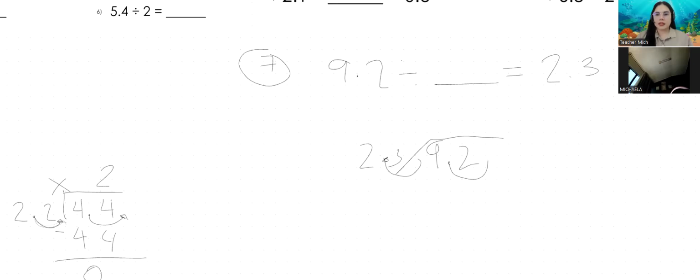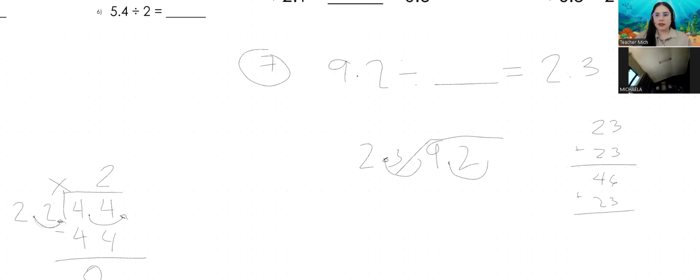We can do this, anak, like this. 23 plus 23 is equal to 46. Okay, plus 23 is equal to 69. Okay, very good.